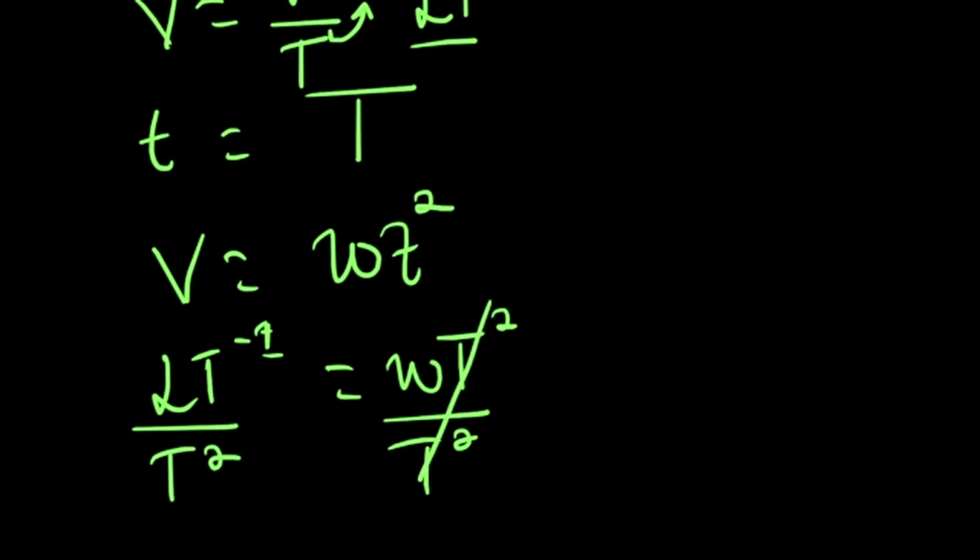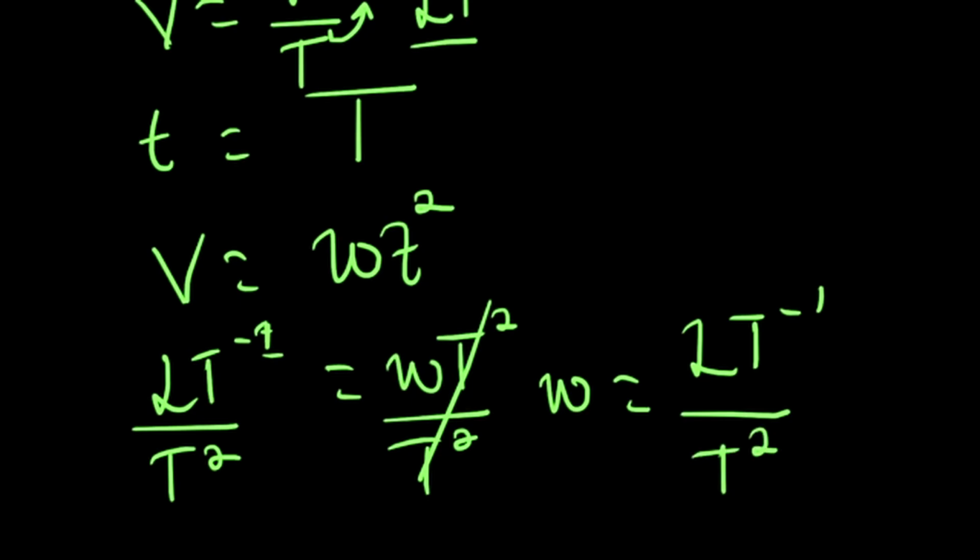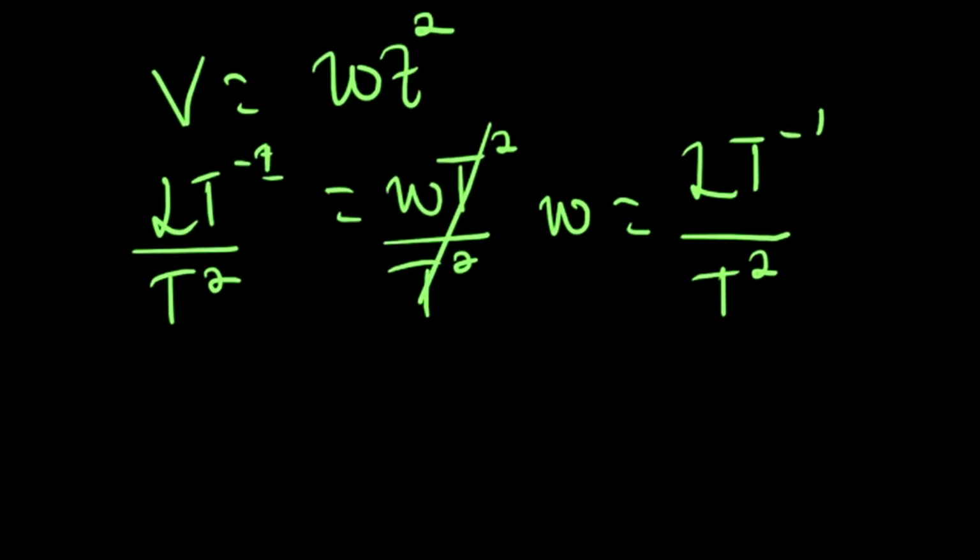So this T squared cancels out with the 1 on the right, and we now have that W is equal to LT minus 1 over T squared. Okay, so we can now simplify this expression to the expression on the right.